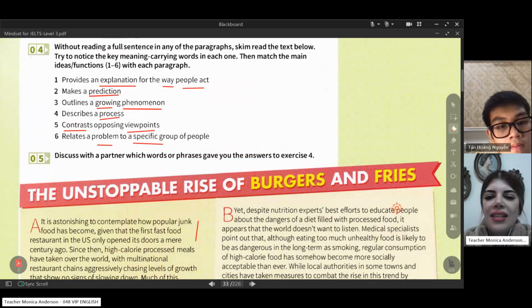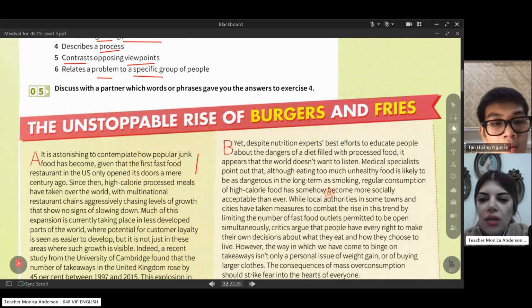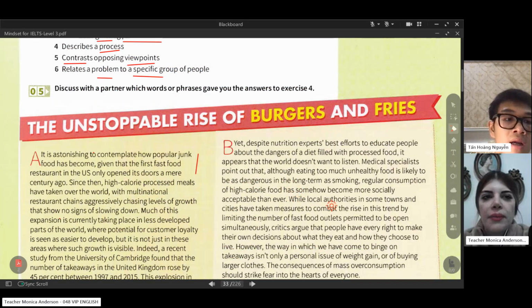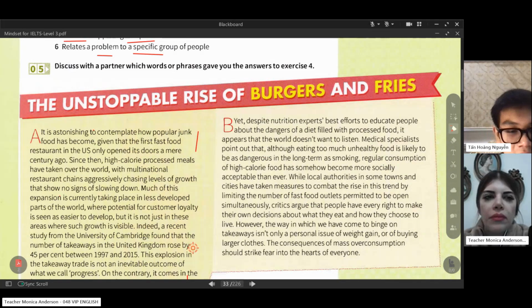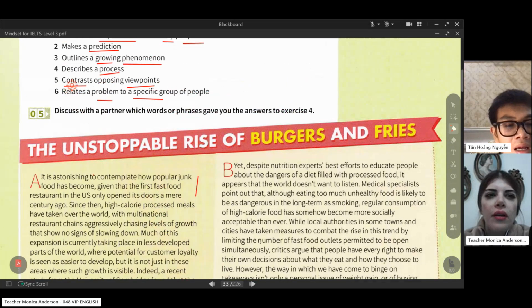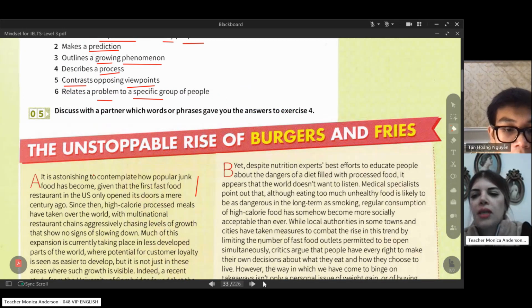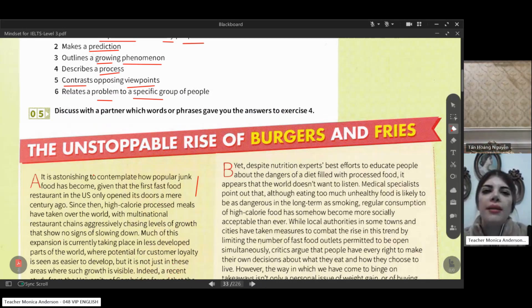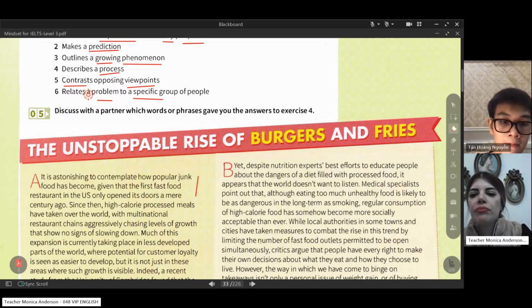And now the second one: to make a prediction. So let's read paragraph B and try to find it. I was confused about number 4. I think number 4 is I, which is also a process. Which one can be matched with number 4, you say?